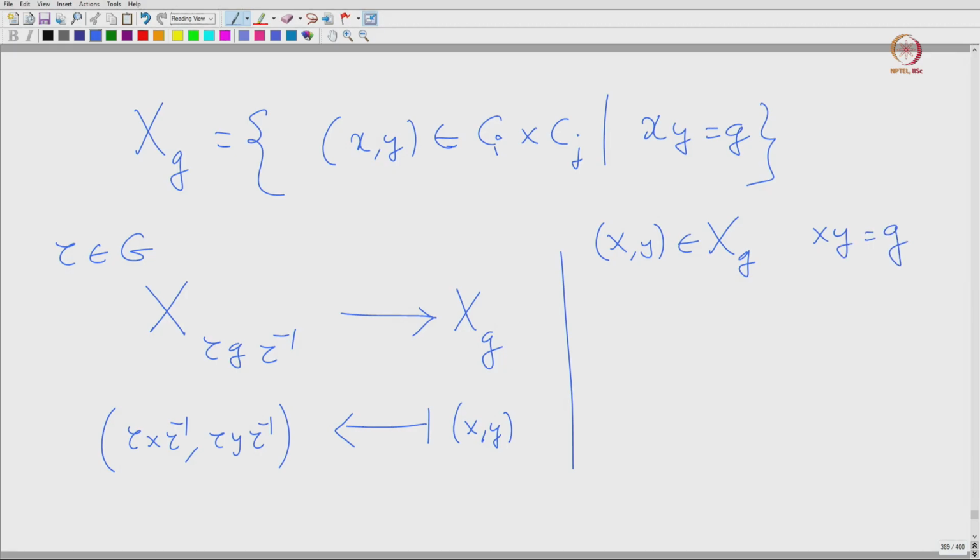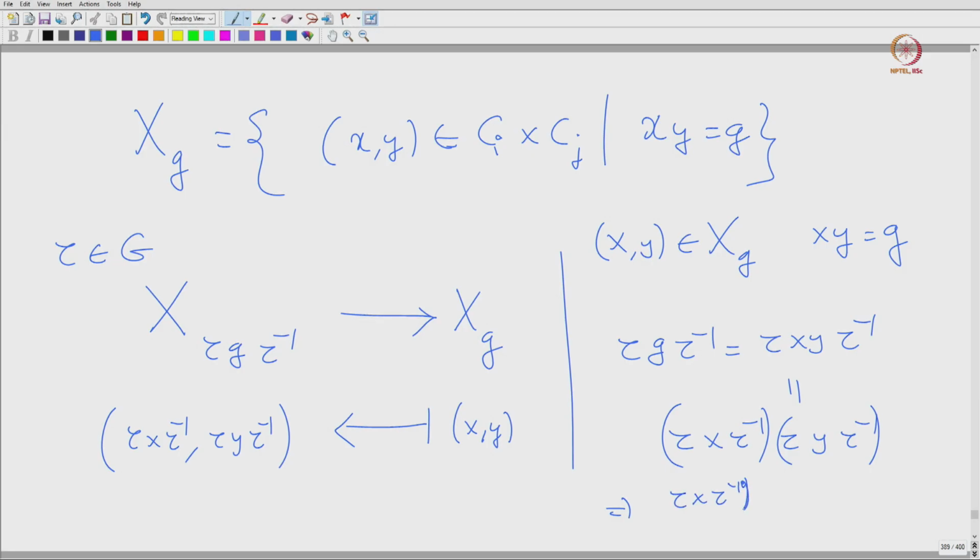Now, if we take the conjugate on both sides, then we see that tau g tau inverse is exactly tau xy tau inverse, which is exactly equal to tau x tau inverse times tau y tau inverse. So, that means if (x, y) is in X_g, then this pair (tau x tau inverse, tau y tau inverse) is inside X_{tau g tau inverse}.